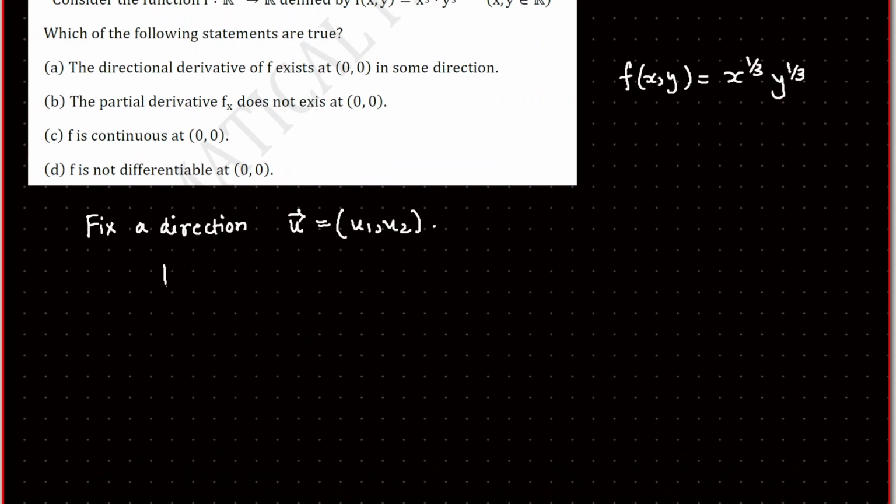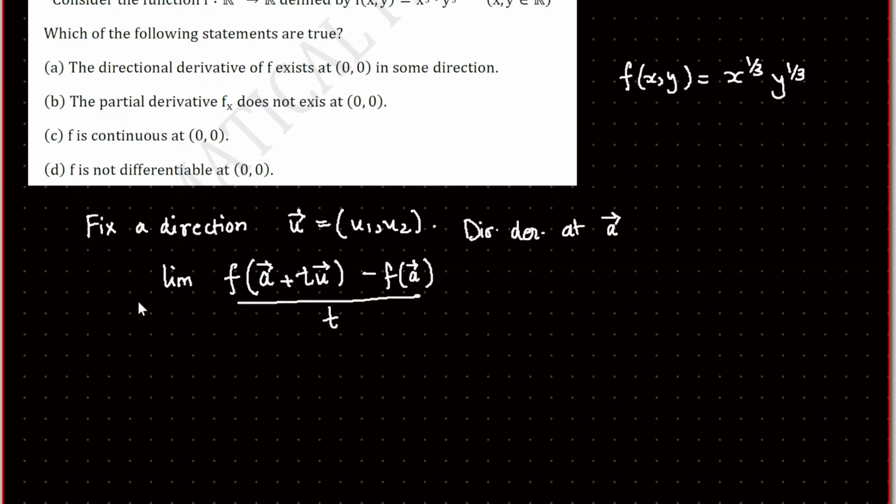Now compute the limit. So suppose we want to check the directional derivative at a, right? Then what do we do? f of a plus t times the vector u, minus f of the vector a, divided by t, and then we make t arbitrarily small.